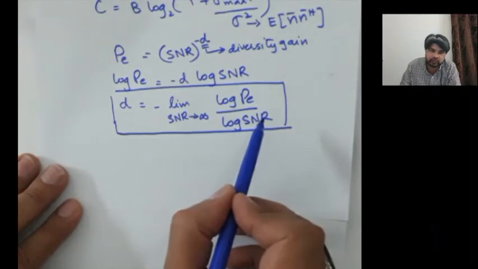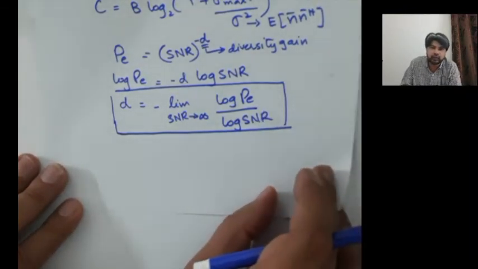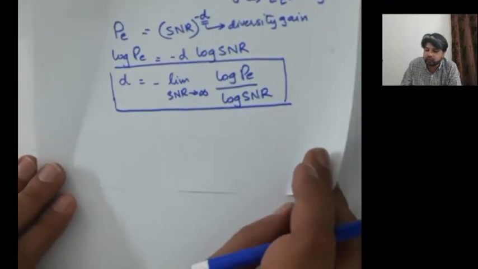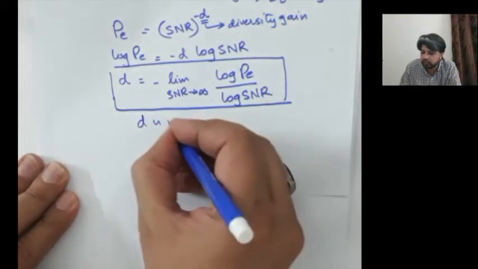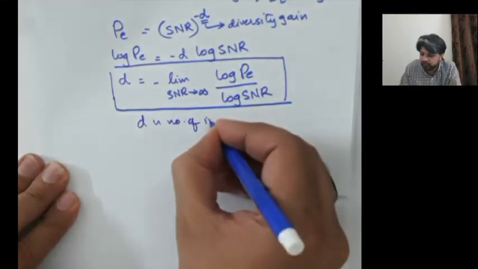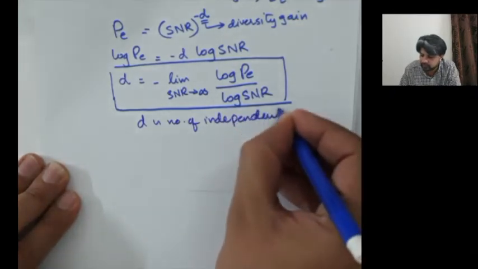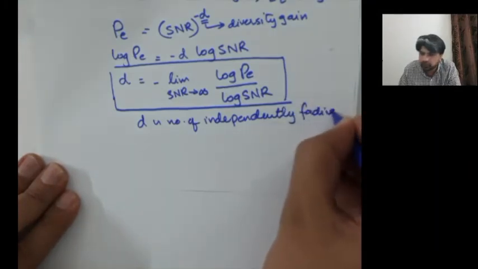So that is the formal definition of the diversity gain, and this D would always be proportional to the number of independently fading paths you can get.